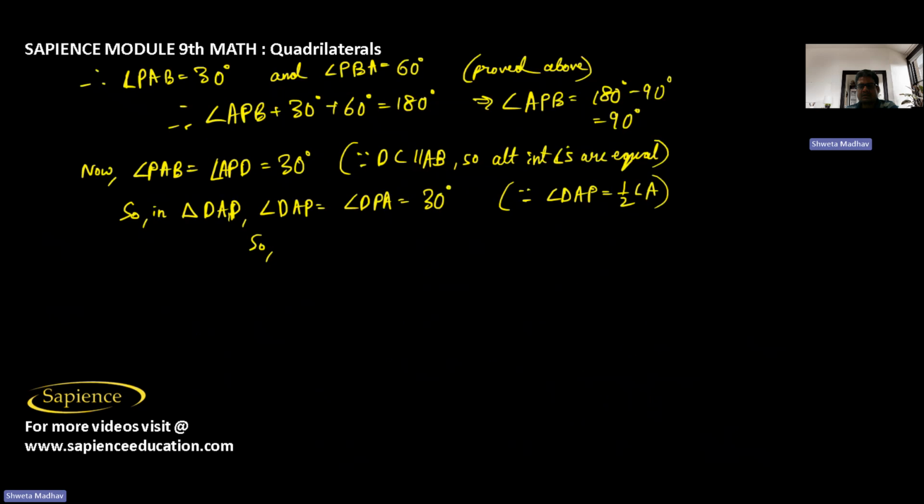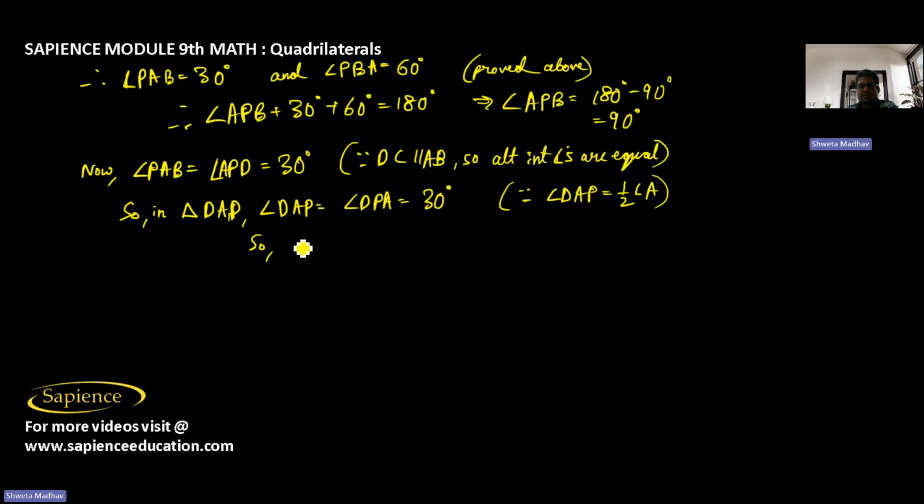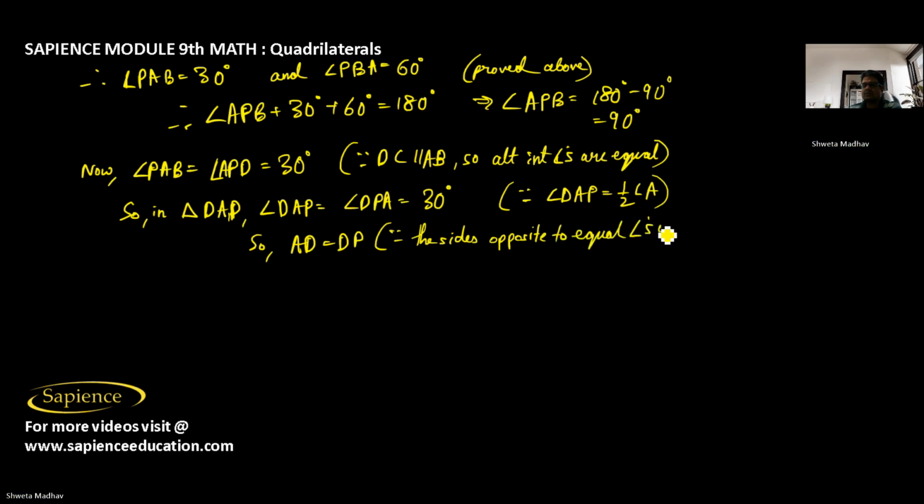So therefore I can say AD equals DP, since the sides opposite to equal angles of a triangle are also equal.